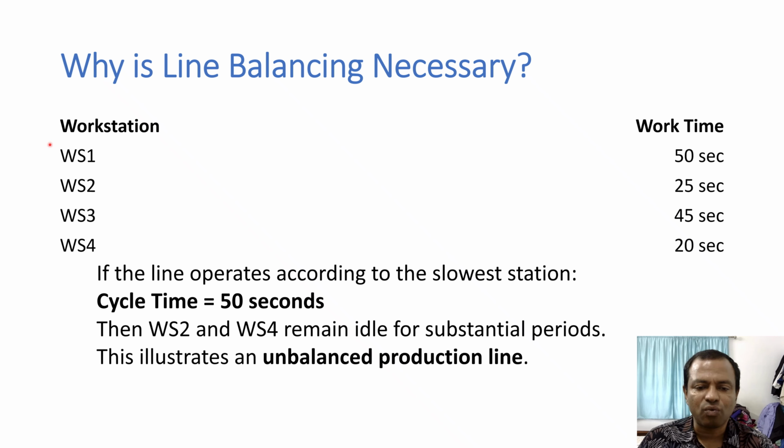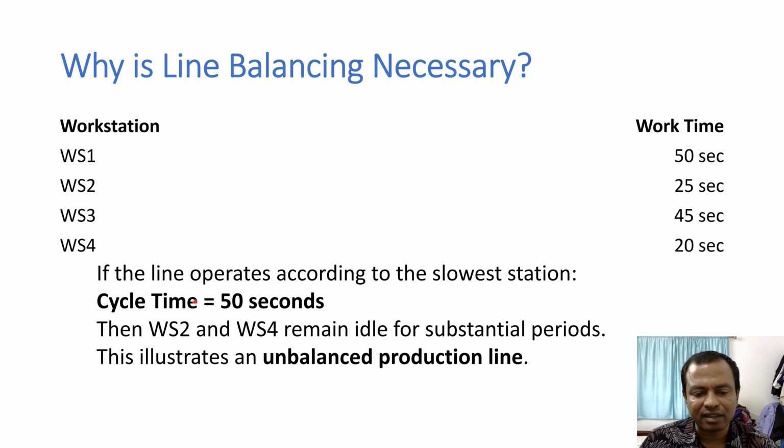Okay, so why is line balancing necessary? It is explained with an example here. Workstation names are given here: Workstation 1 WS1, Workstation 2 WS2, Workstation 3 WS3 and Workstation 4 WS4. Work time in each workstation is shown here: 50 seconds, 25 seconds, 45 seconds and 20 seconds.